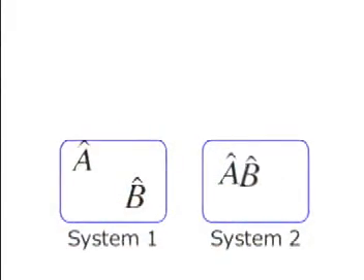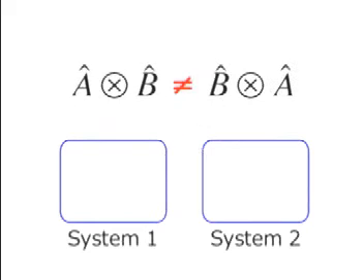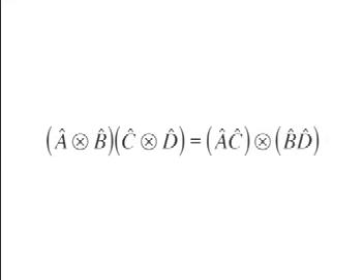You can verify that the tensor product operation is associative, but it's not commutative. In other words, A cross B is not the same as B cross A. You can also verify that the tensor product has the following property with regard to ordinary matrix multiplication. A cross B times C cross D equals AC cross BD.